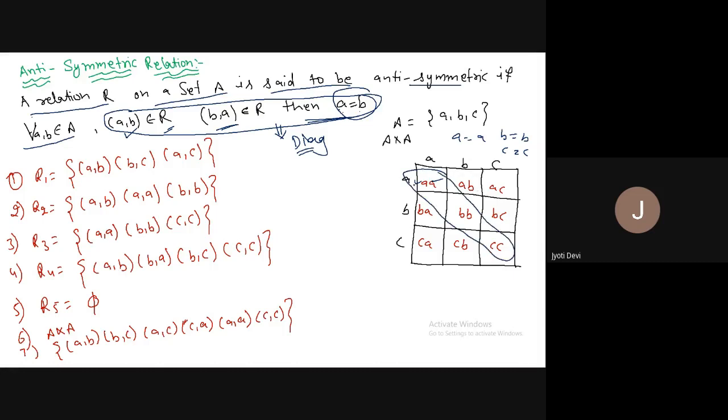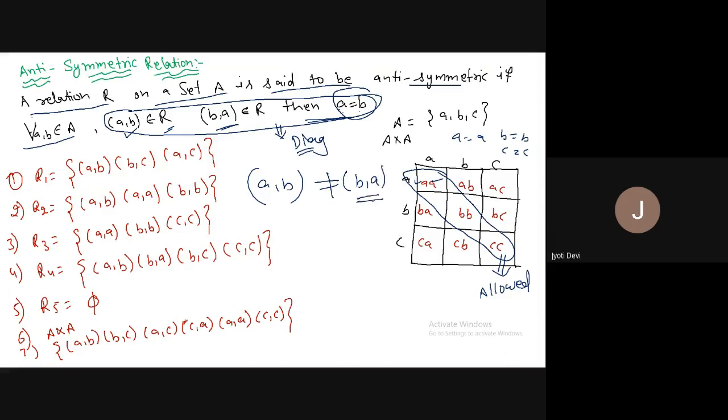What is the indication of this? It means diagonal elements are allowed. Okay, diagonal elements are allowed, but what is not allowed? If AB is present, then BA is not allowed.